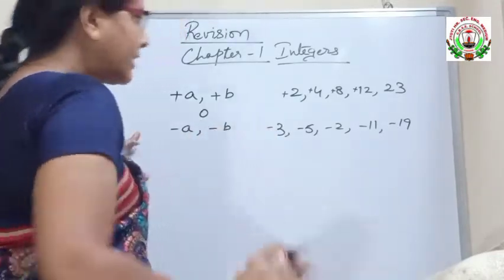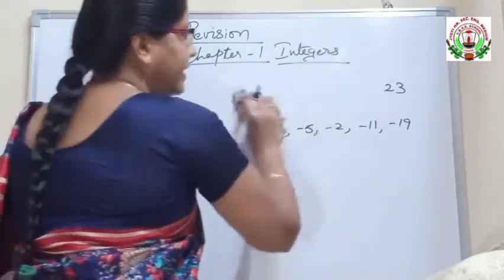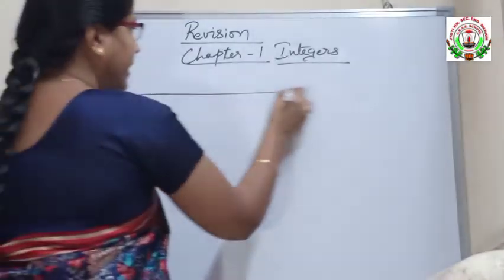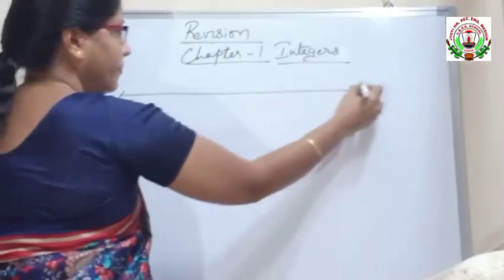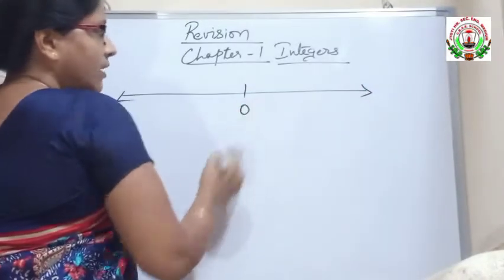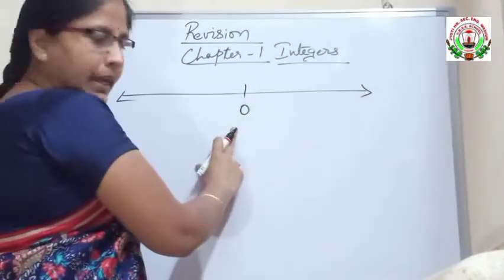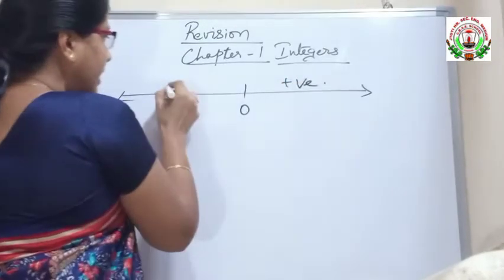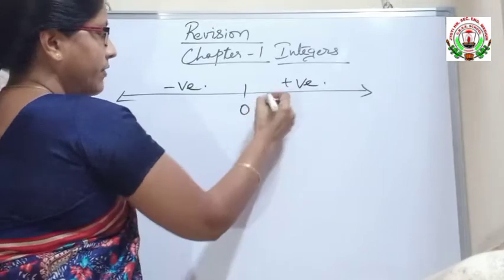And when we represent the positive integers and negative integers on the number line, see, your number line will be like this. In the middle of the number line, 0 will be there every time. This side will be positive integers and this side will be your negative integers.